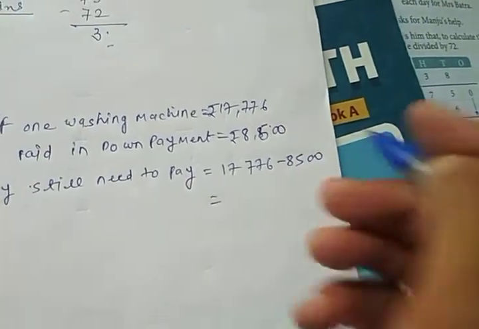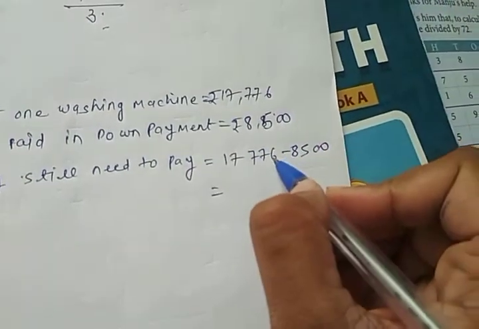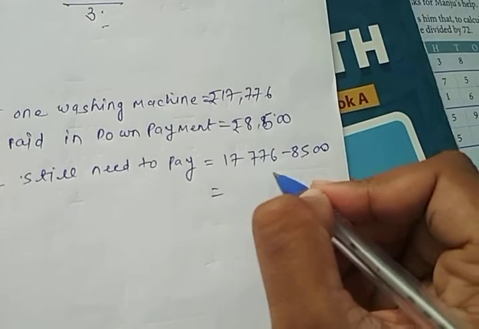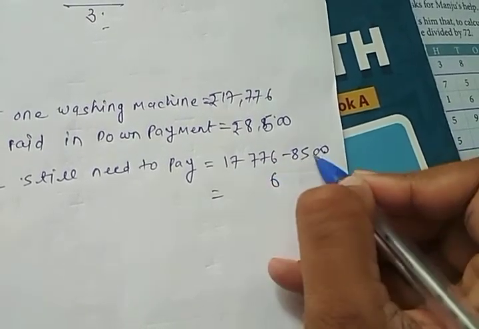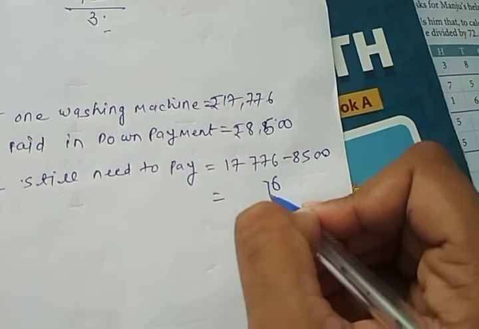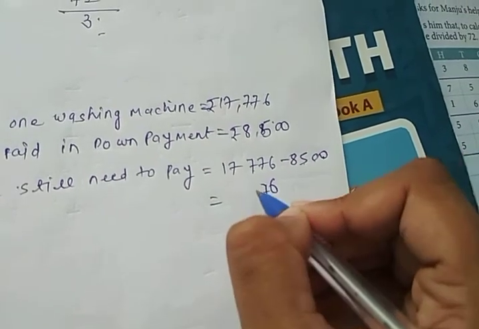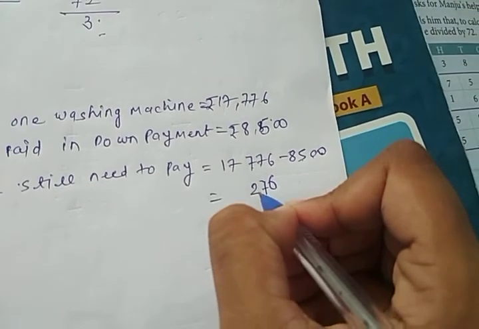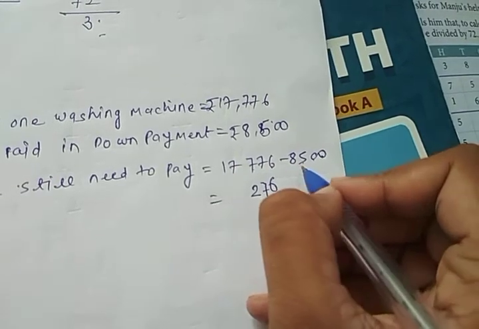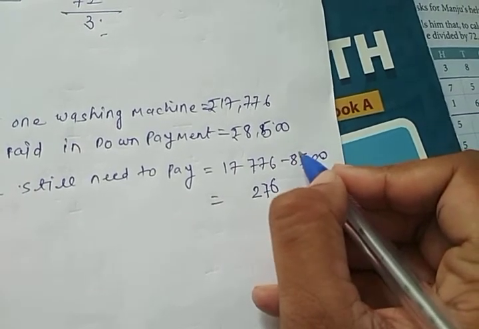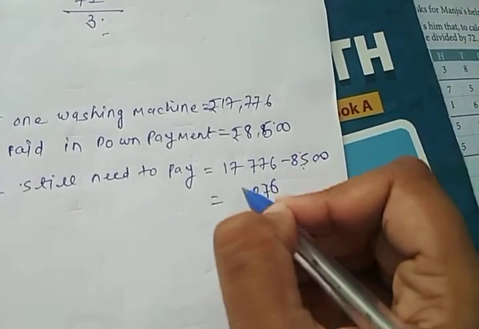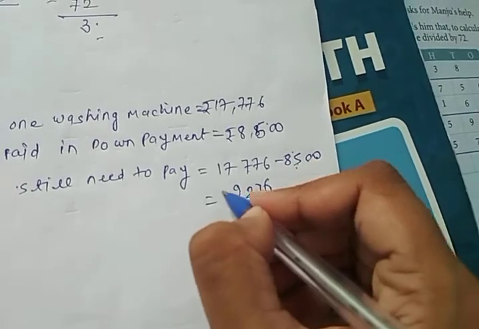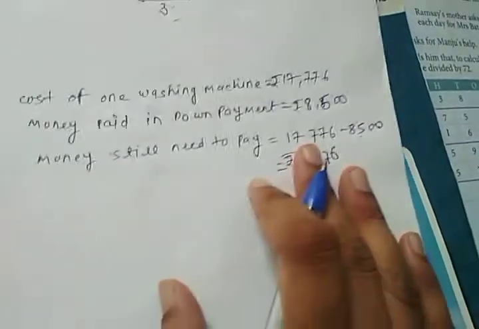So students, when you subtract this, what will you get? 6 minus 0 will be 6. 7 minus 0 will be 7. 7 minus 5 will be 2. And 17 minus 8 will be 9. So this much money she still has to pay.